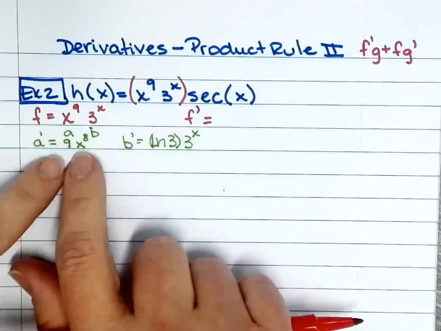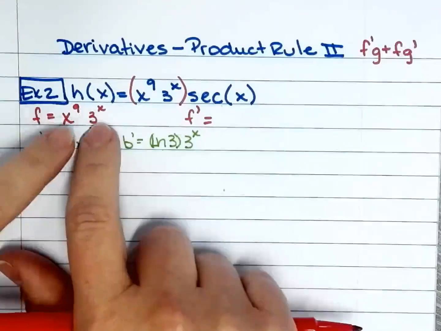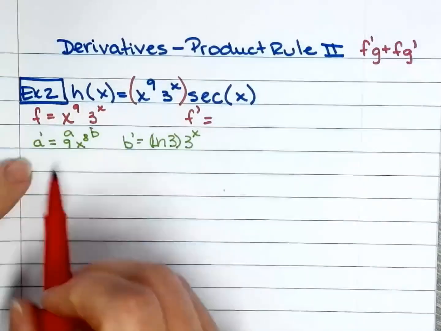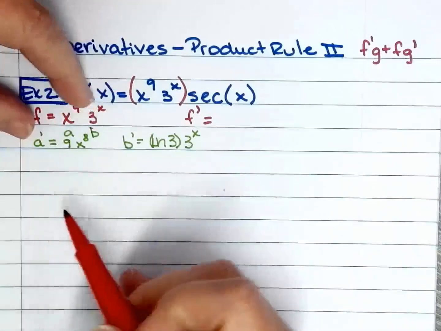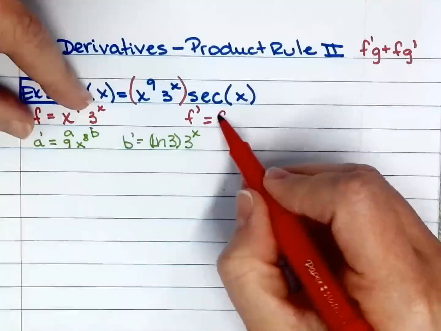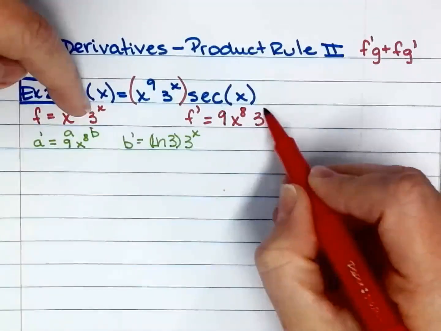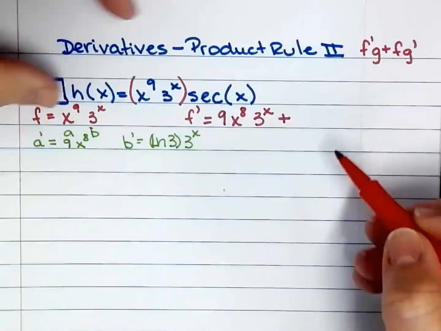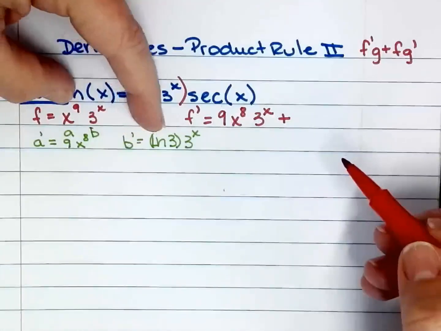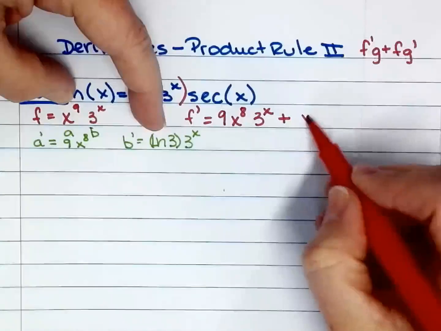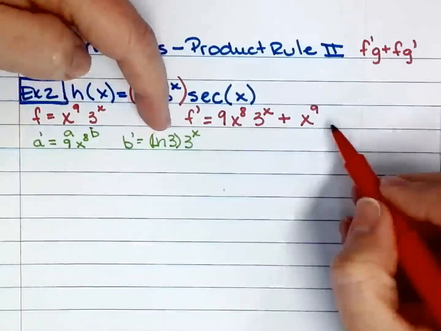I have to apply the product rule within these two functions right there. So f prime, or a prime times b, plus a times b prime.